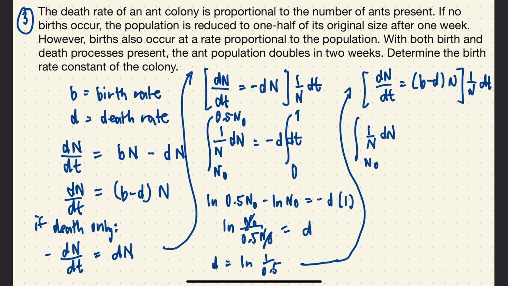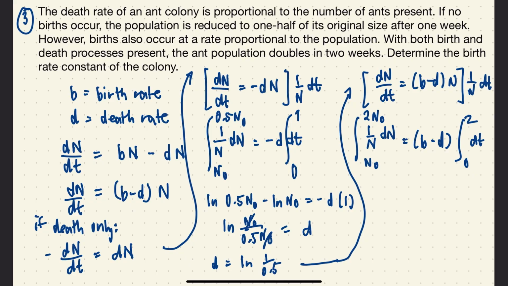It says when birth and death occur at the same time, the population doubles in 2 weeks. So doubles the population. And then you have your birth rate minus death rate times N dt. Oh, you don't have N anymore. B minus D times dt. So it says in 2 weeks.